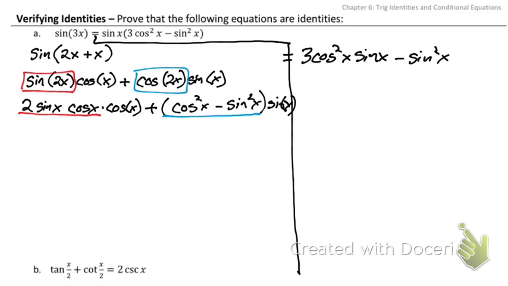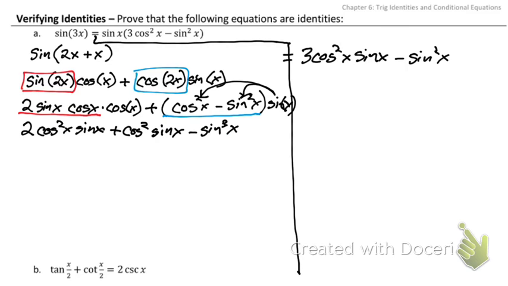Well, 2 sine x cosine x times cosine x is equal to 2 sine x cosine squared x. And I'm just going to follow the order that they have on the right-hand side. So I'm going to change this to 2 cosine squared x sine x. Now we're going to distribute that sine x to everything. So we're going to have plus cosine squared x sine x minus sine squared x times sine x, which is going to be sine cubed x.